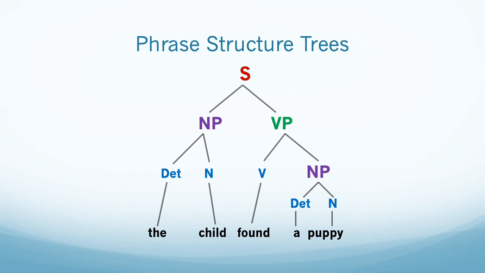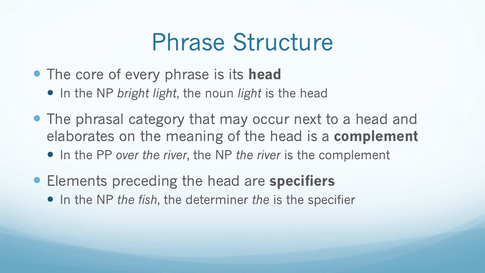So if you can move them around or you can substitute with something else, then it constitutes a constituent. And we can build trees of these phrases to show what the internal structure is.